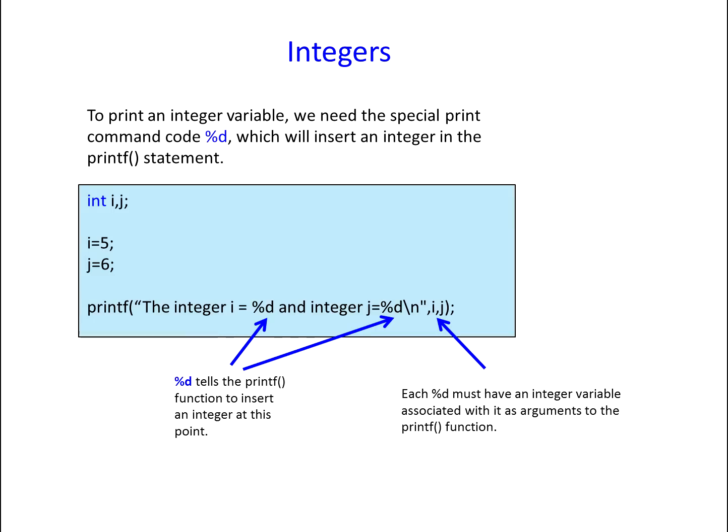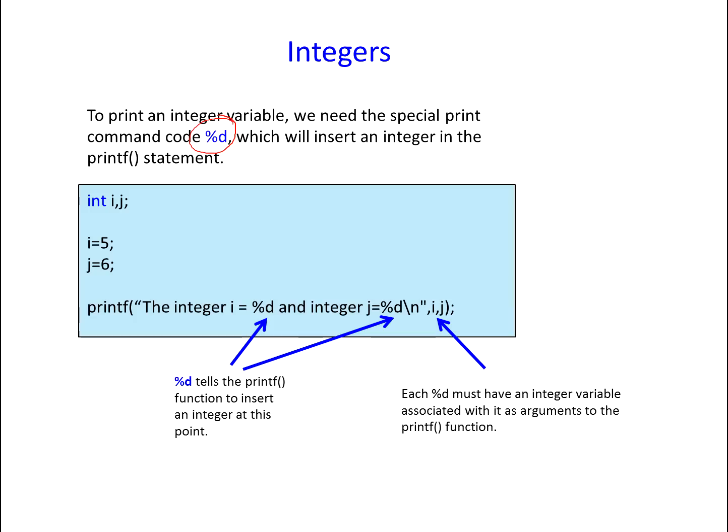To print out an integer variable, we need a special command code, and this is %d. In our code here, we have two integer variables, i and j. Let's assign 5 to i and 6 to j. Then we want to print out integer i equals, well, we want it to print out 5, but here we need to put %d, and integer j equals, again, %d.